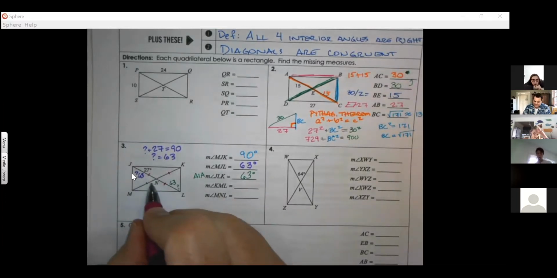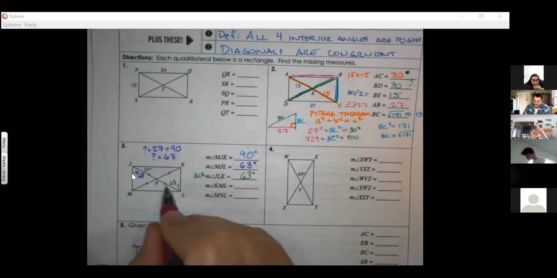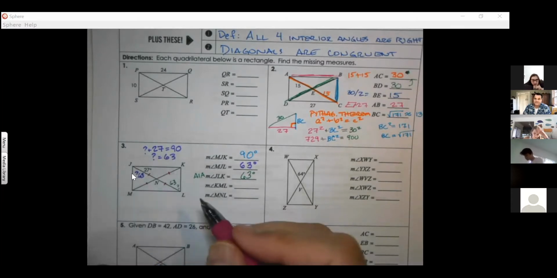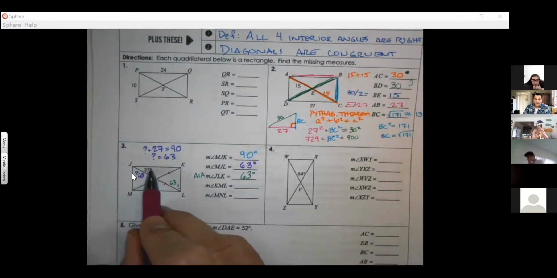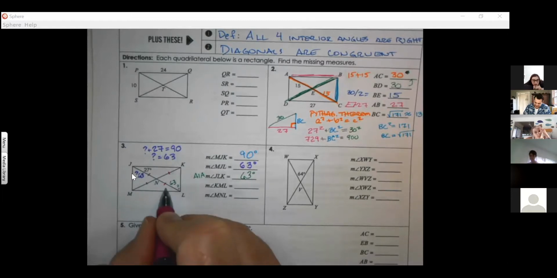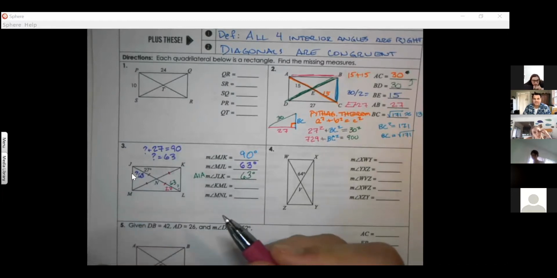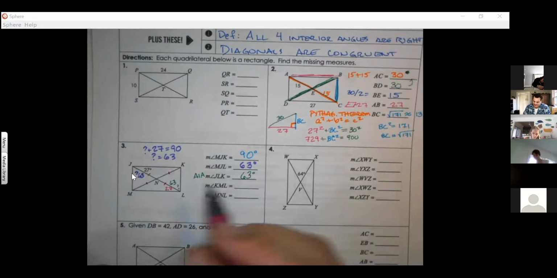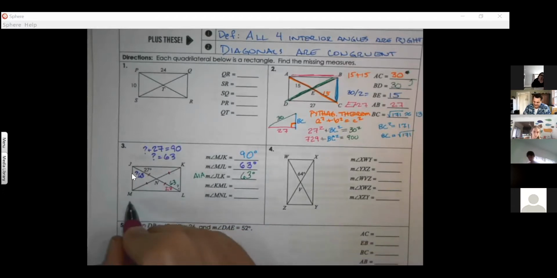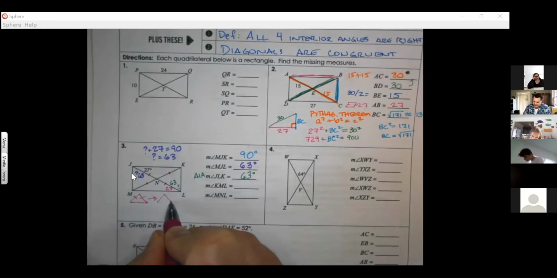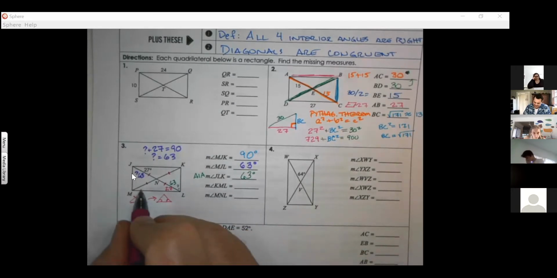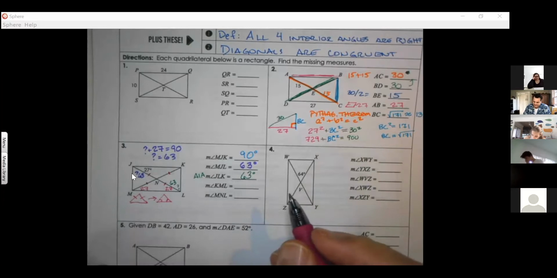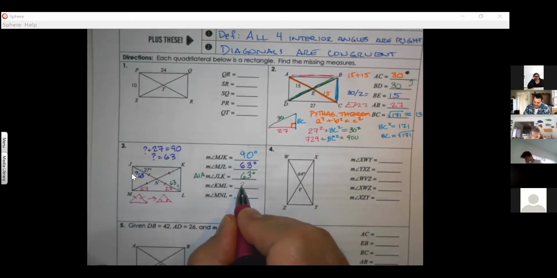Which means that each of these little triangles is isosceles. So if I know that this is 27, I can find my alternate interior down here and say that's also 27. And if this triangle is isosceles, then we can apply the isosceles triangle theorem to say that base angles are the same. So if that's 27, so is that. So KML is 27 degrees.